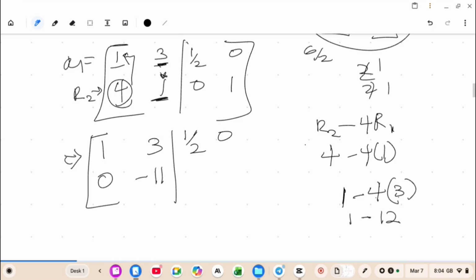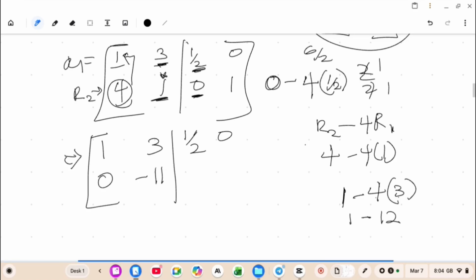The same operation. This is 0, so it's 0 minus 4 row 1. And what is row 1 here? Row 1 is half, so we multiply it by half. What will you get when you multiply 4 by half?